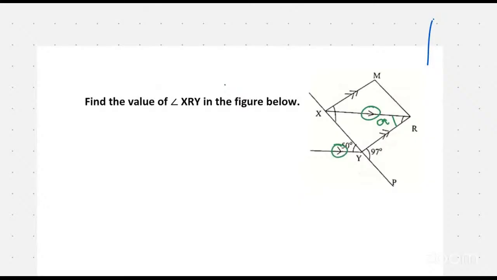If I extend this further, you will notice that this angle and this angle are equal. So if I call this B, I would say that B equals 50 degrees, because of alternate angles.